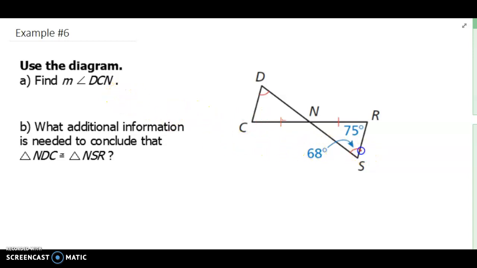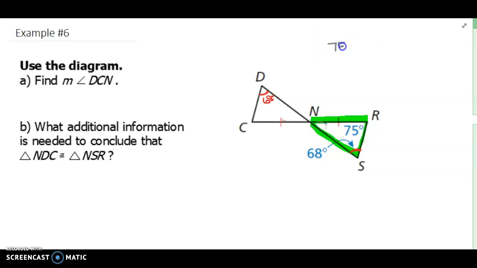So the first thing I noticed is this single arc is 68 degrees, and this single arc also has to be 68 degrees. Okay, so if I look at this triangle over here, I notice that I know the measure of 2 of the 3 angles. Okay, but I can find the measure of this missing angle.